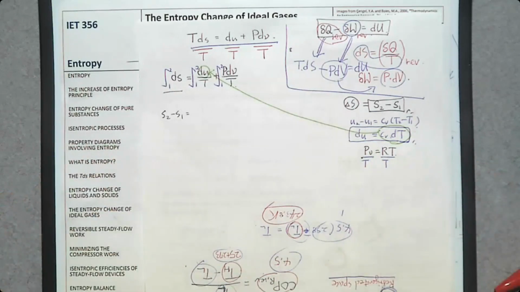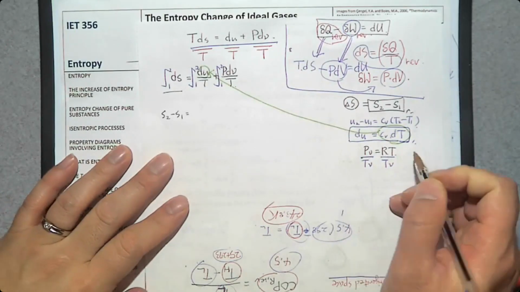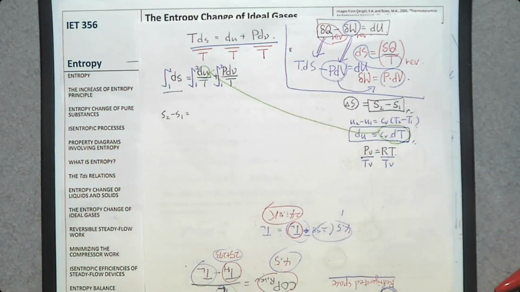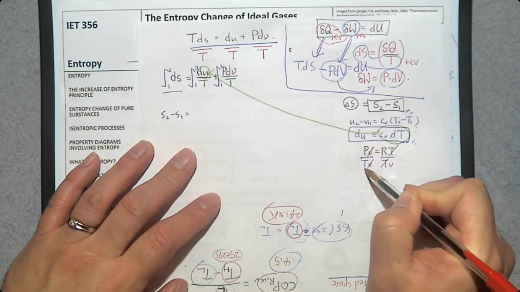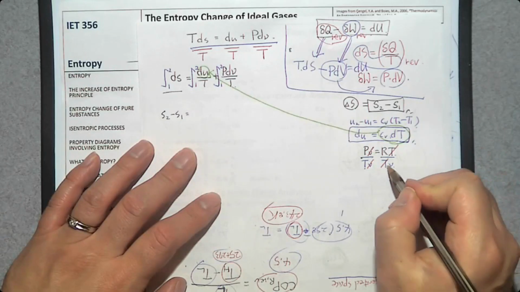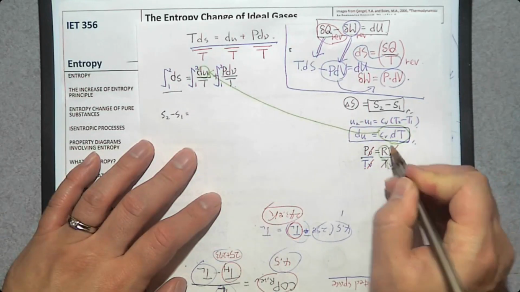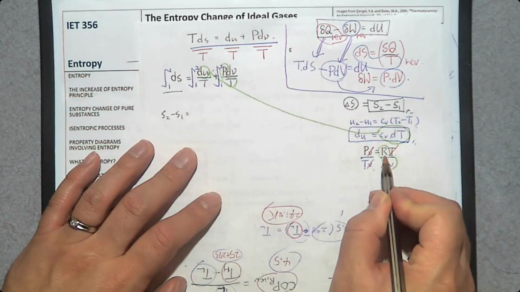But there's one problem. We have a v. So I want to get rid of this v. By how? Dividing by v. So I'm going to divide this by Tv, not the television, temperature and specific volume. Then what do you get? We get P over T is R over v. So I'm going to replace this P over T with R over v.